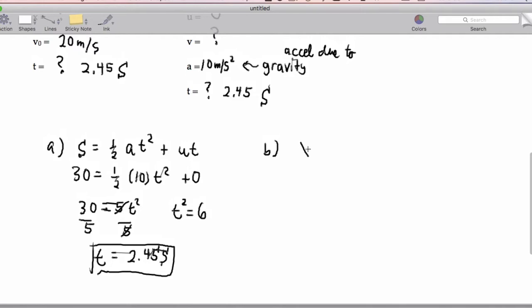So for part B, we want to get the horizontal distance traveled. So let's put in our numbers. That's going to be x equals 2.45 for the time. And I just want to be absolutely clear on what I'm doing.